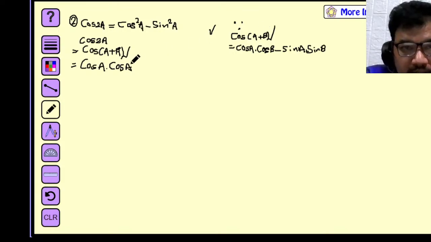According to this formula, and minus there will be sine A, right?